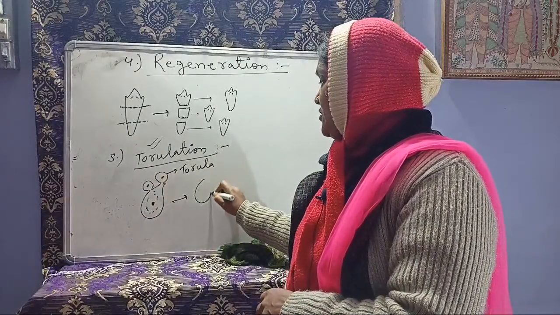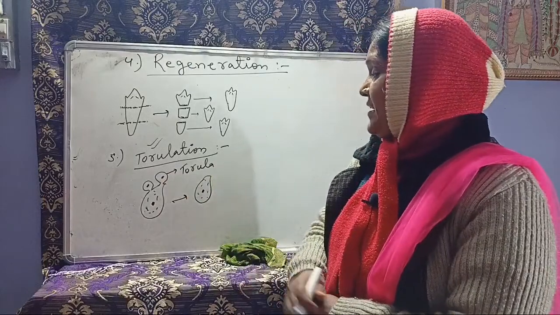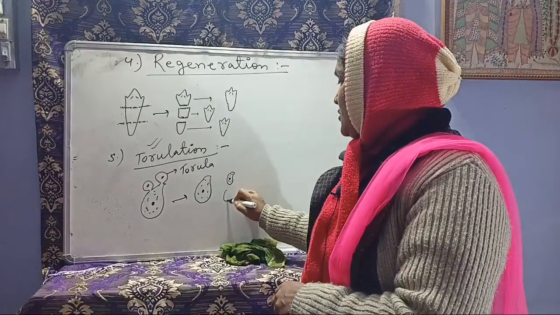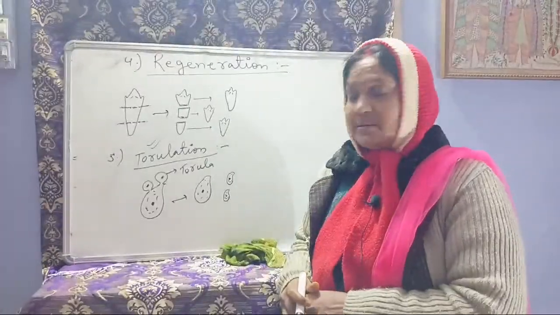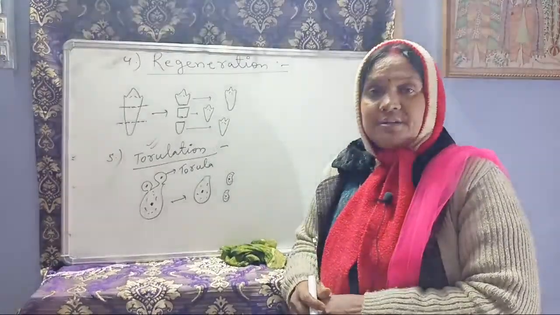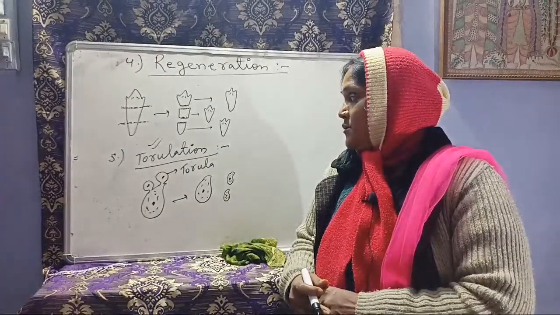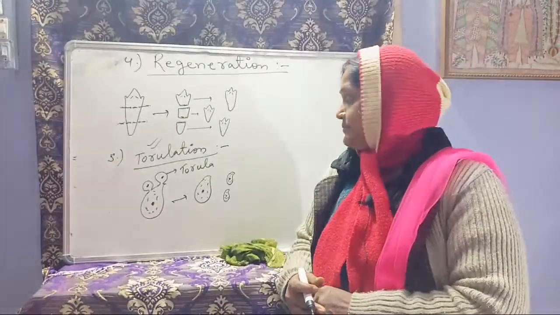After separation of such a torula from the parental body, a daughter is obtained. Each torula is developed into a daughter. Torulation takes place in yeast.